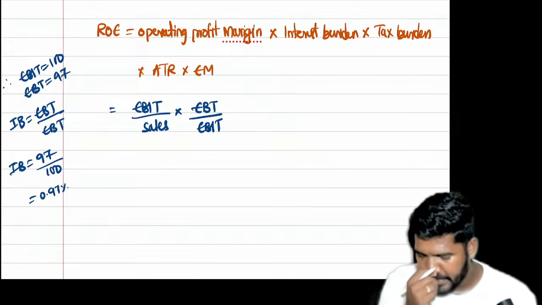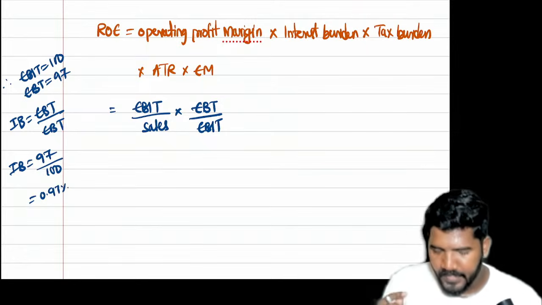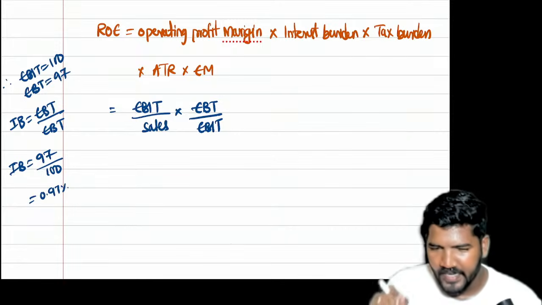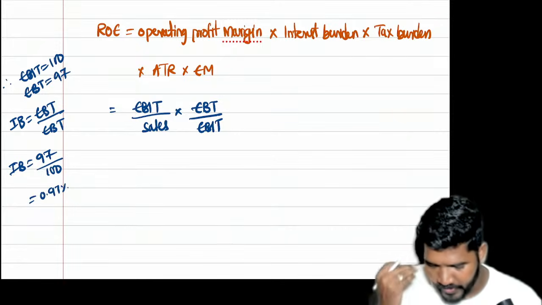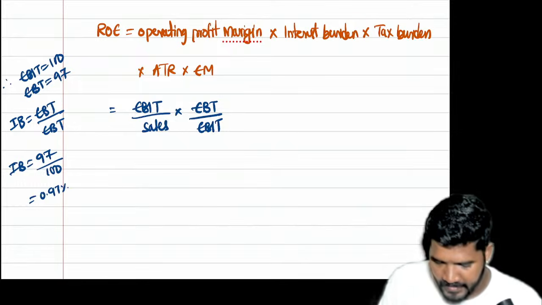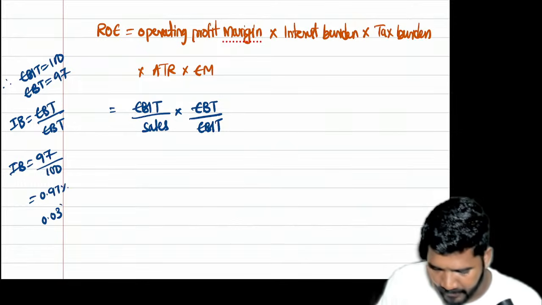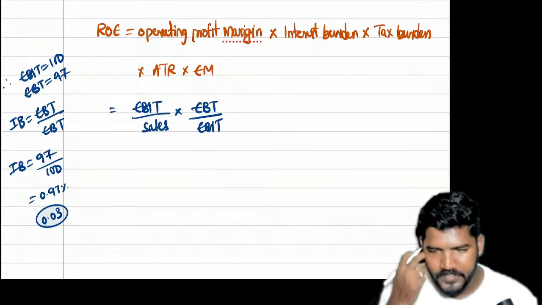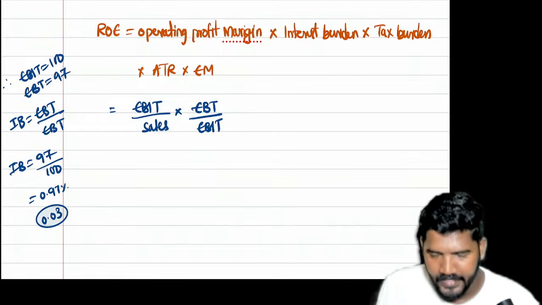It means if the company earns 1 rupee of EBIT, 0.97 we earn at the EBT level, but there is 0.03 remaining. This is called interest burden.